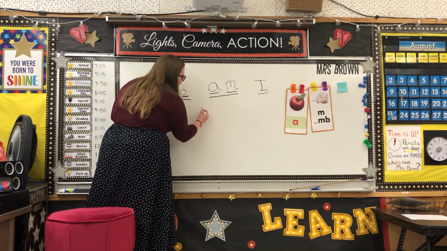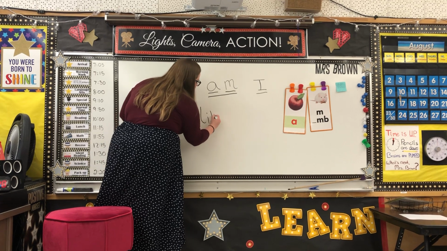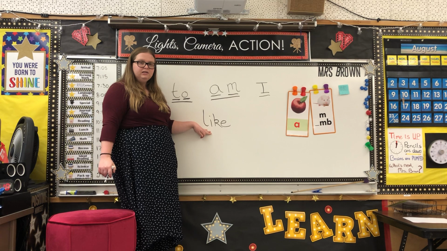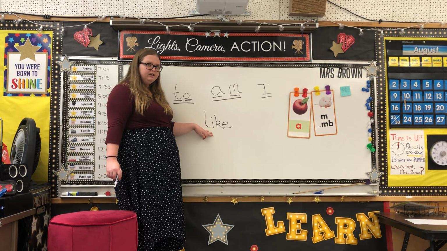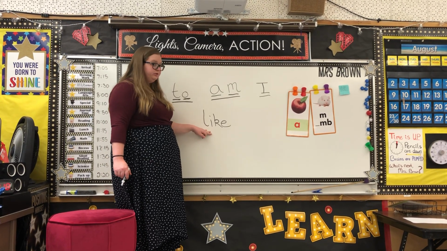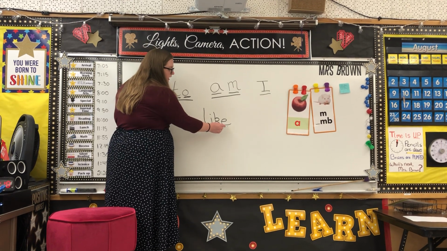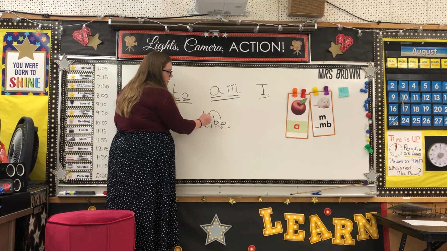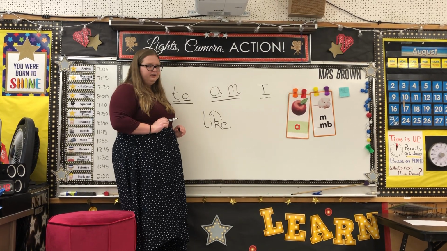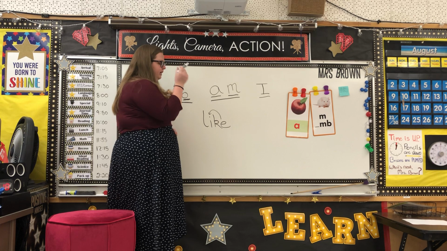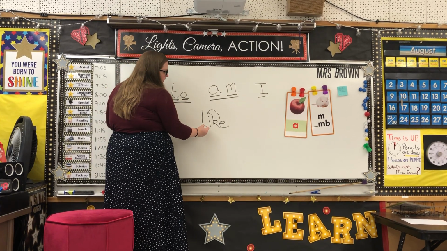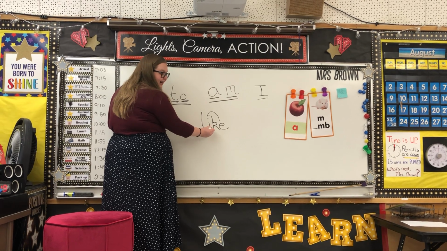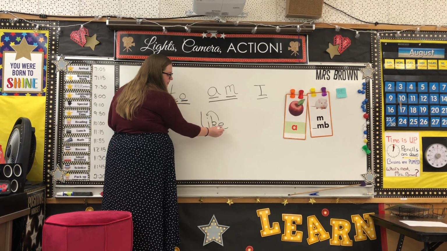Now, what about this one? This one is a little tricky because I know some students aren't looking at what's at the end of this word. That does something here. Think about it. Let's try to sound this one out together. L, I, k.